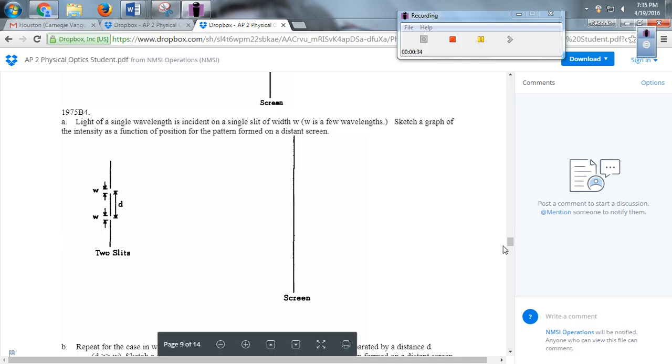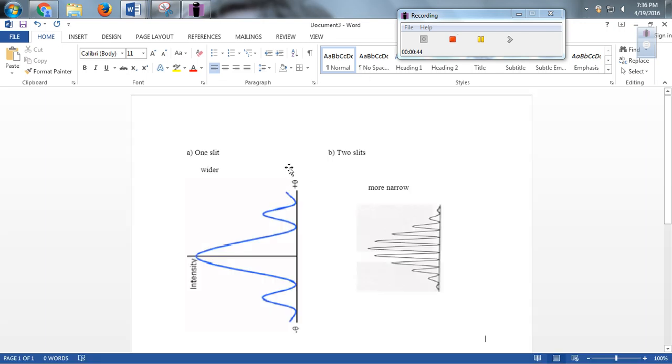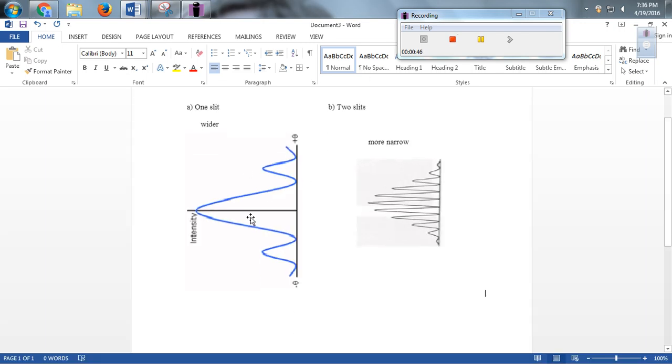Okay? So what I did was I said, well, it's really hard to draw a graph with this little tool that I'm using, so I just went to a Word document and said, here is my 1 slit. It's most intense right there where the slit is. And then as you get farther away from the slit, you get less intensity. With a 1 slit you get a very wide band that's very bright.